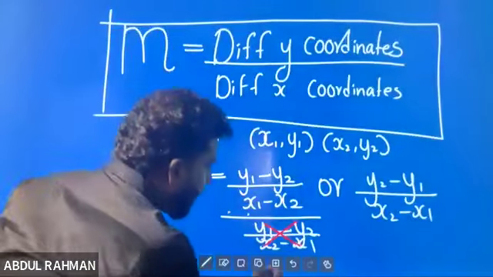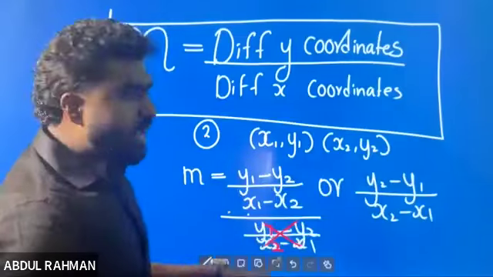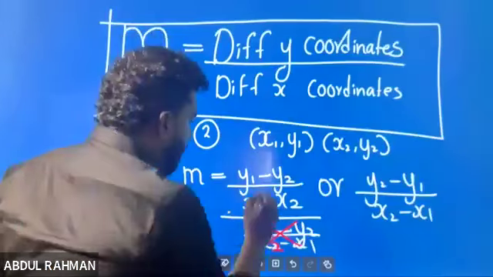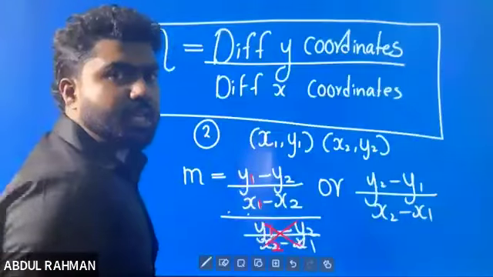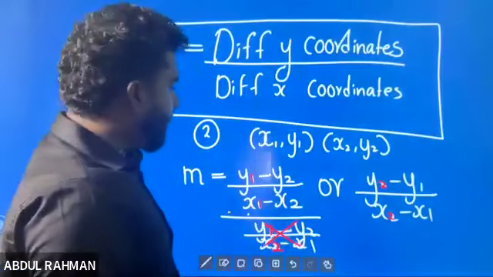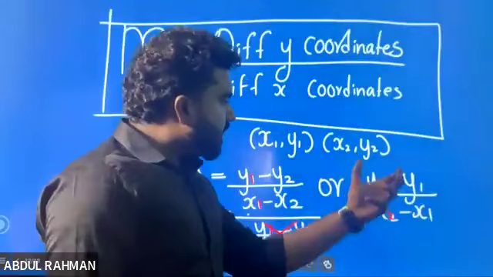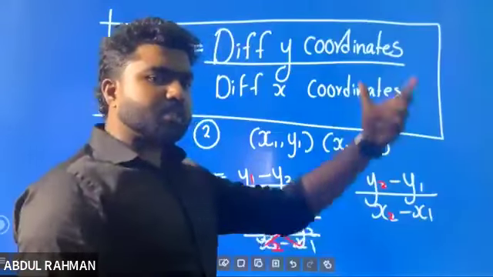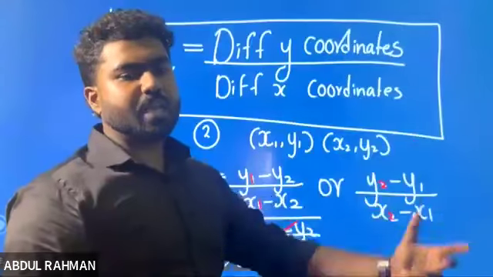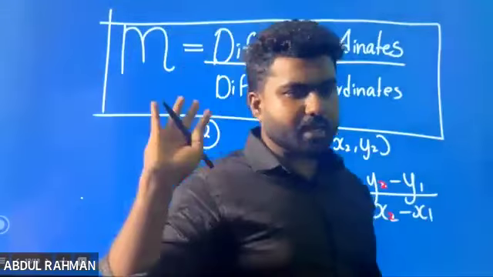Why? You have taken y1 and you are taking x2. 1 and 2 is not the combination. 1 and 1 is the combination, or 2 and 2. If you have taken y2 first, x2 should be taken first. Is that clear? The equation of the gradient. Is that clear?